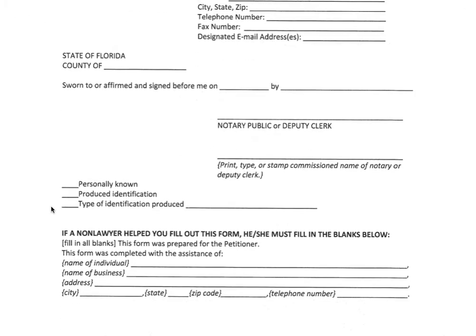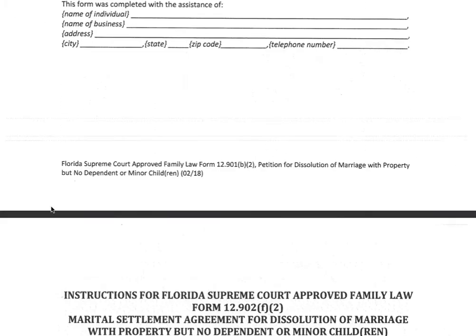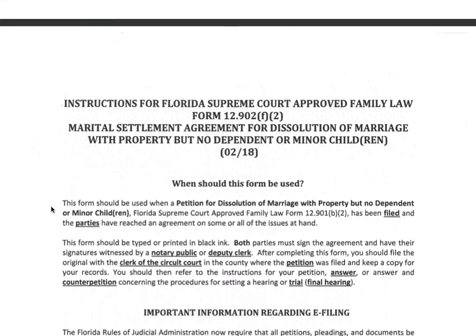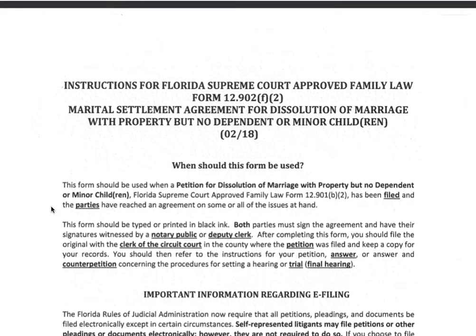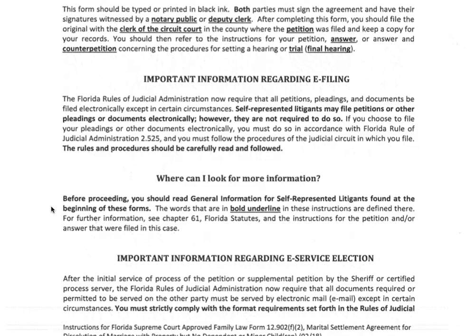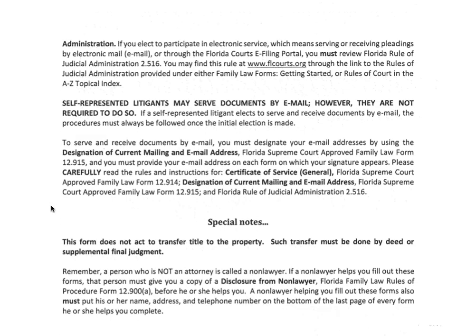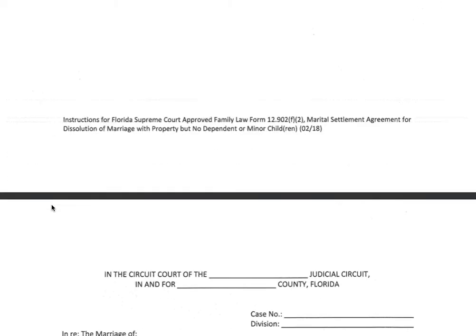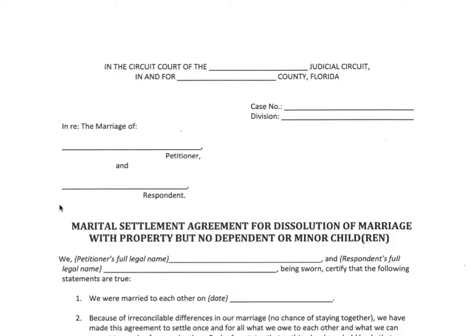So you finish that form, and the next form we have is the marital settlement agreement. And before I go over the form, there's 2 pages of instruction. Before I go over the form, this is a voluntary form, meaning it's not required. You will only use it if you and your spouse could reach an agreement. Because, as you see here, it's a marital settlement agreement, meaning you both agree.